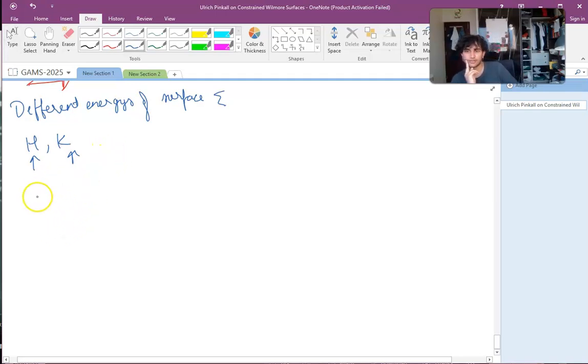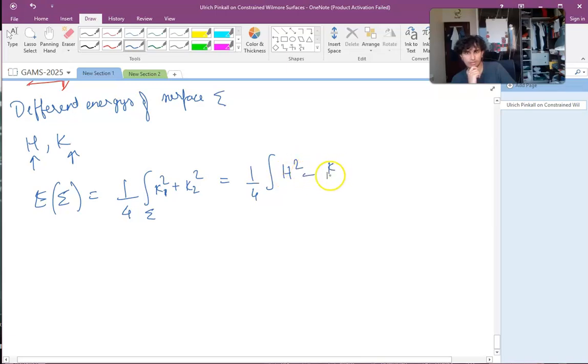And so, for example, for a surface sigma, E of sigma is going to take 1/4 the whole integral over sigma of the first principal curvature, kappa 1 squared plus kappa 2 squared. And this is the same as 1/4 the integral of h squared minus k by 2 squared.